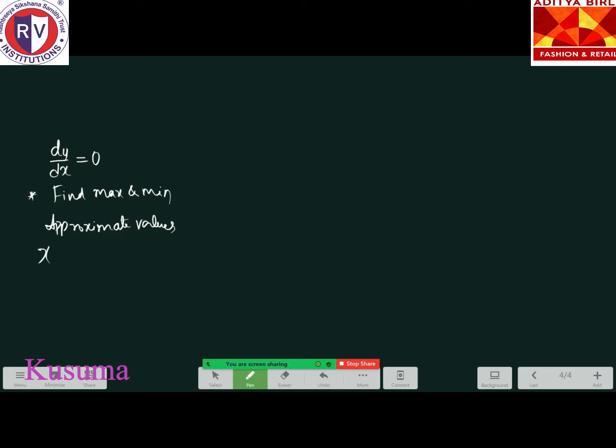So what are we doing, we are adding delta x to x. So x plus delta x is approximately equal to x itself, because delta x is a very small change. Then when we find out delta y, that delta y is nothing but our y itself, because delta y is also a small change. So we can approximate the values with the help of the derivatives.